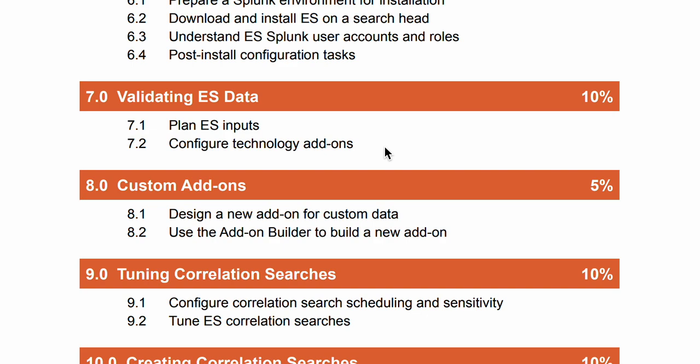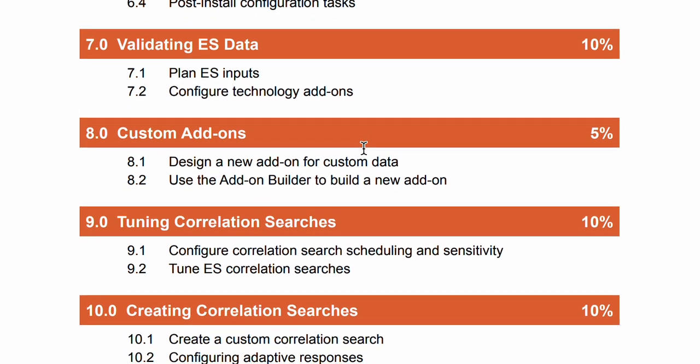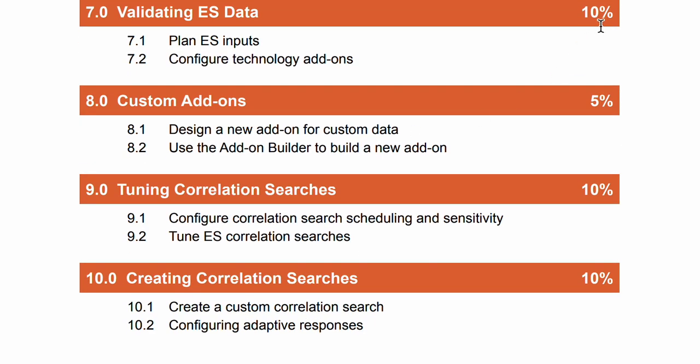These add-ons are generally used for normalizing data. We need normalization to make data uniform across the platform. And this topic, validation of ES data, will cover 10% of questions.